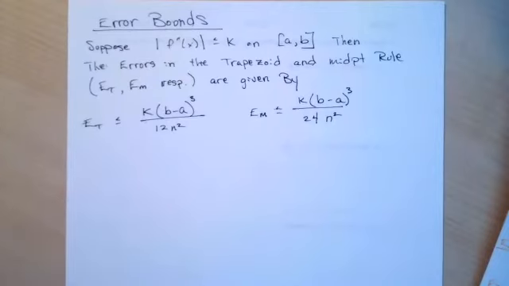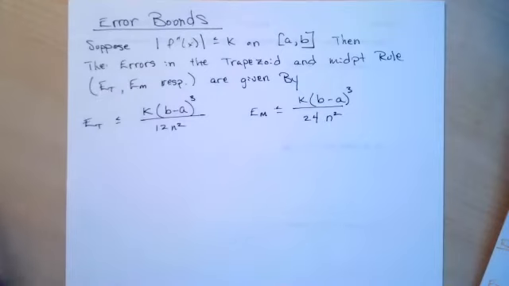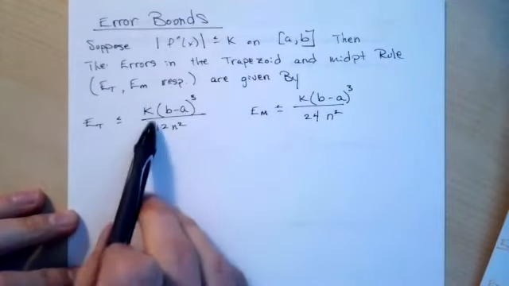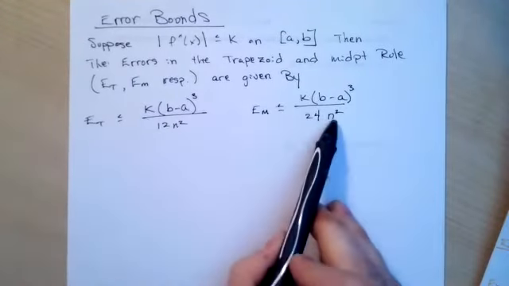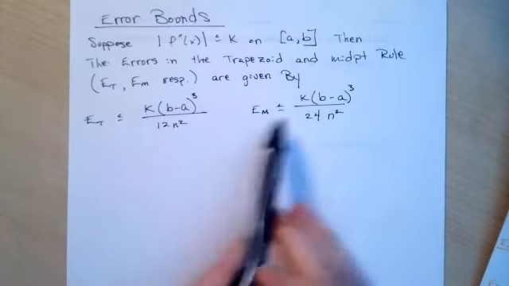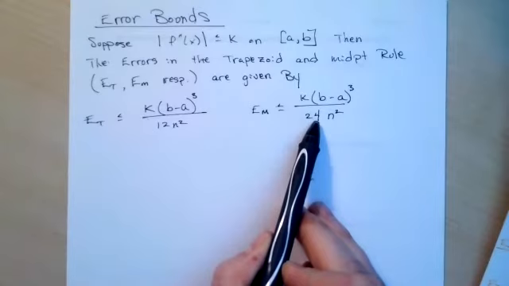So what is this saying? This is saying that the concavity of the function, the second derivative, dictates the amount of error in our approximations, as well as, of course, the size of that. And we can see that for the same number of partitions, for the same function with the same bound, the midpoint rule error is a bit smaller.